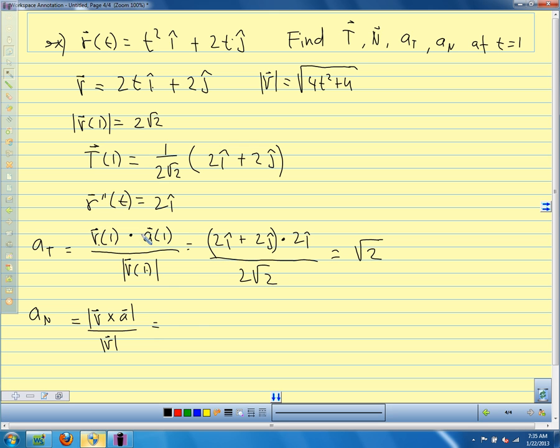So it's going to be the magnitude of r prime of 1 cross r double prime of 1, over the magnitude of r prime at 1.